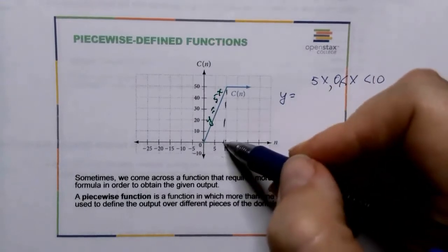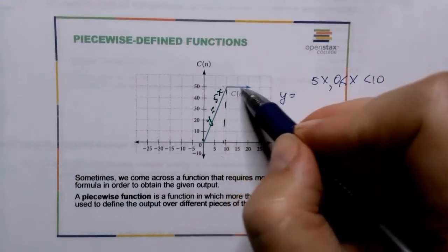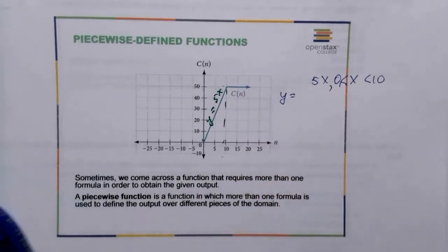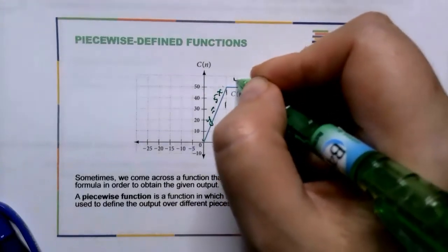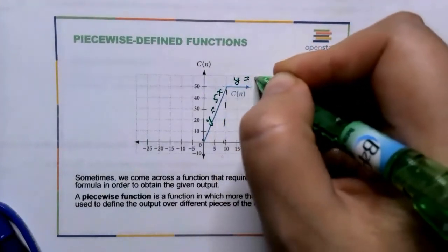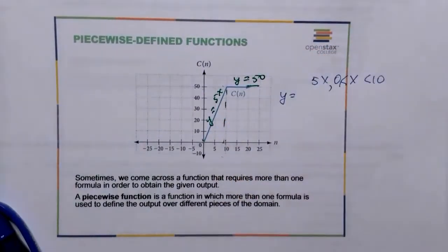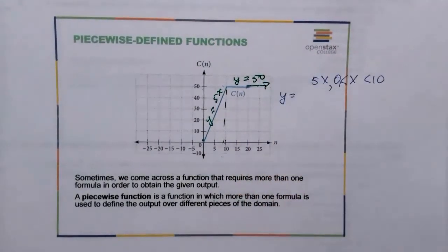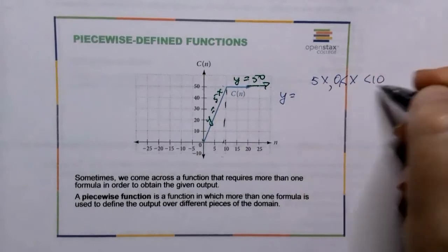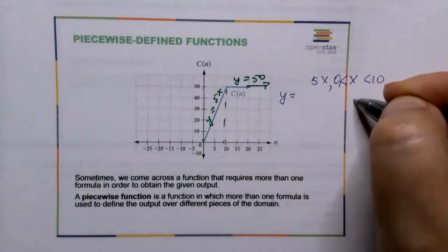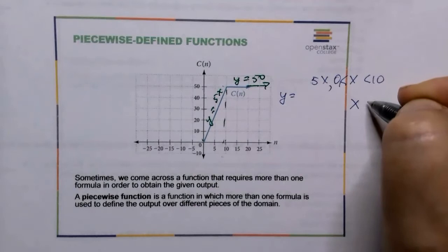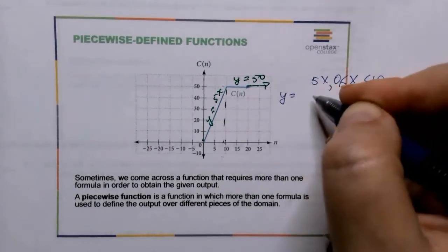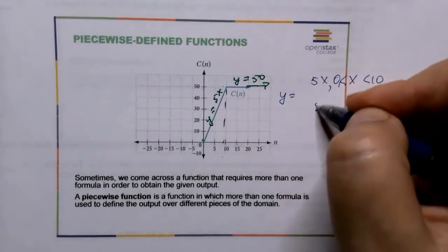Now, beyond this point, it becomes just a constant line. And this line has a different equation. This is actually y equals 50. That's the equation of that line, right? And it goes on indefinitely. So when x is greater than or equal to 10, we have y equals 50.